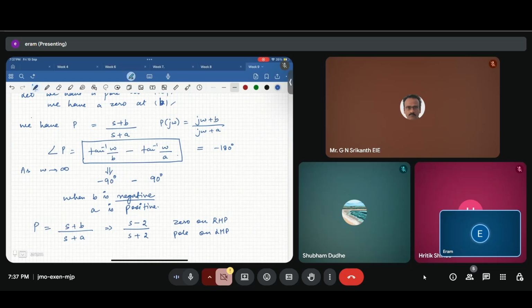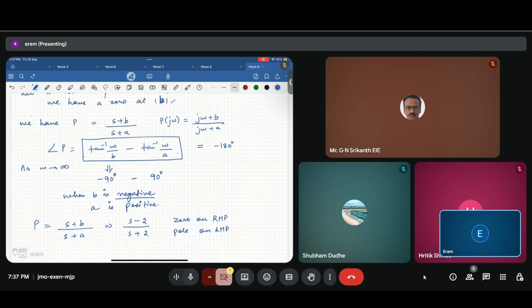Let's solve. I have two more problems. Let's solve in the next session. Okay, then let's meet next week to have more questions on Bode plot. If you have any doubt, you can ask, and you can try solving the assignment problems of week 9.